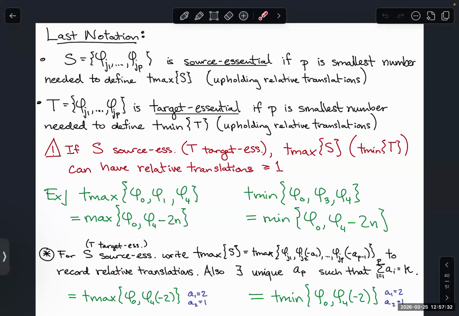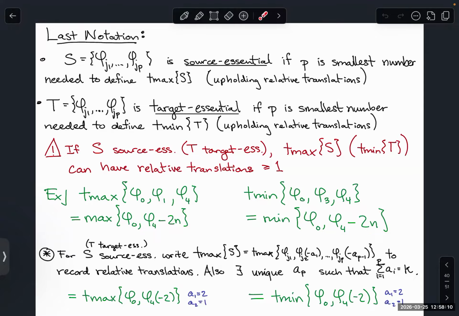And again, we're going to uphold some relative translations. When I talk about relative translations, typically when we write T max or T min in these examples, each consecutive fundamental height function is translated by a consecutive multiple of n. So I want to make room for having something like this happen, where I can have my second height function be translated by a multiple greater than 1.